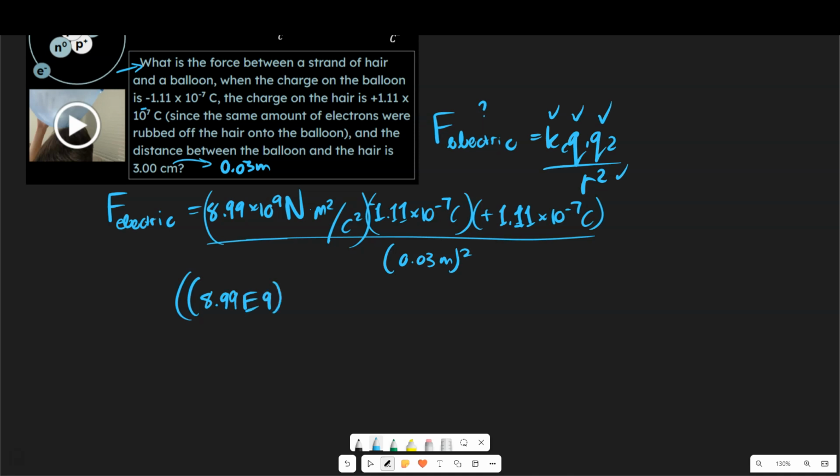You probably have a button on your calculator that looks like this, or maybe it has an EE button, or maybe you have a button that looks like times 10 to the something power, or maybe you don't. Maybe you just have to literally type in times 10 to the, and then you tell it what the power is. In this case, to the 9th power, right?